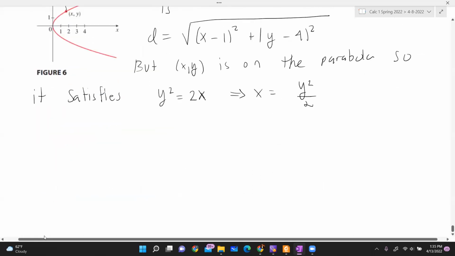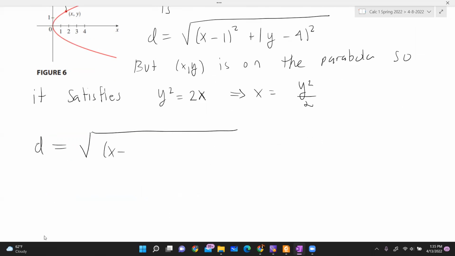So we can write the distance d solely in terms of x. So if we do that, we get this.